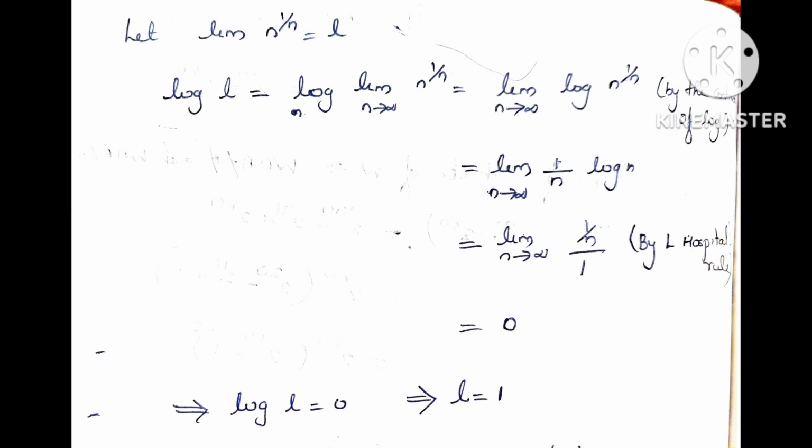So limit n tends to infinity log n by n is equal to limit n tends to infinity the derivative of log n, that is 1 by n, by the derivative of n, that's 1, which is equal to 0. That implies log L equals 0, which implies L is equal to 1. Thus limit n tends to infinity 1 by n into (1 plus root 2 plus cube root of 3 plus etc. nth root of n) is equal to 1.